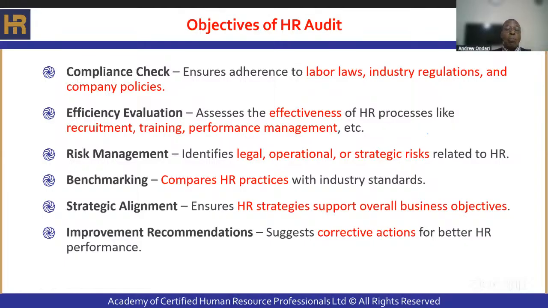So failure to comply might lead to lawsuits, where our organizations are taken to court for failure to comply with certain legal requirements. This is expensive because it takes a lot of time to attend court cases and also money to pay the lawyers.